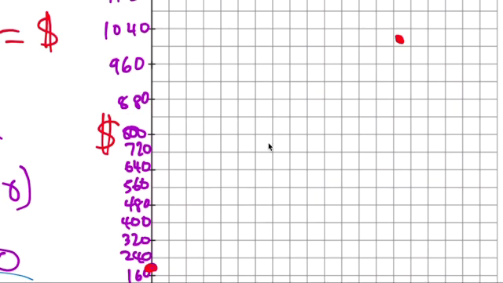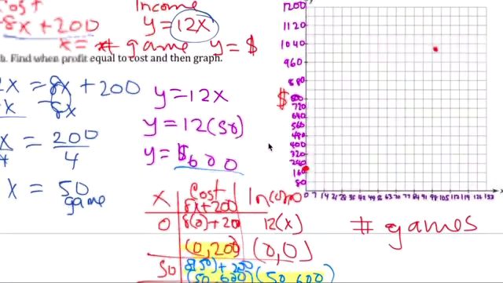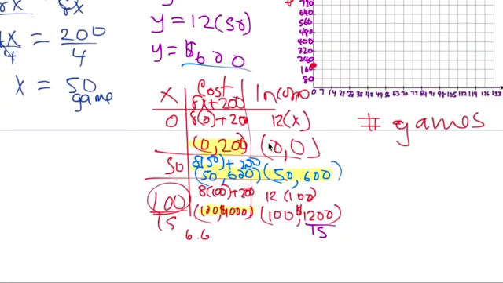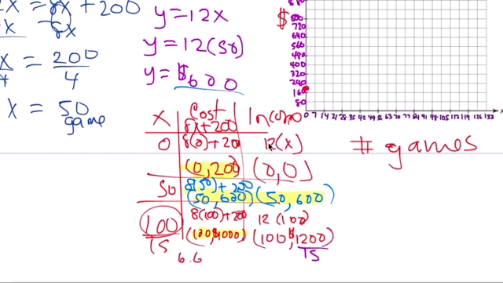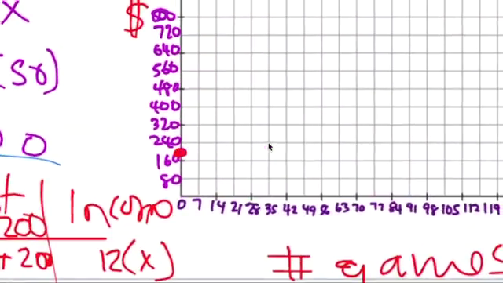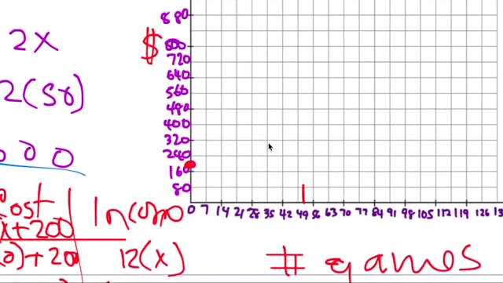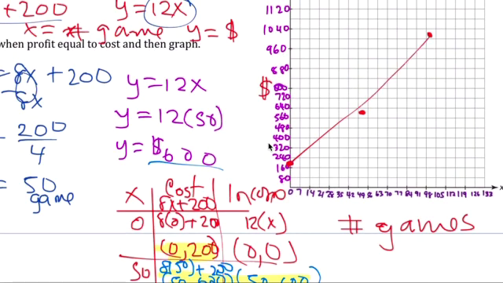And then the last cost one is 50. Oh, I forgot 50 and 600. 50, 600 somewhere here, right there. That's your line.